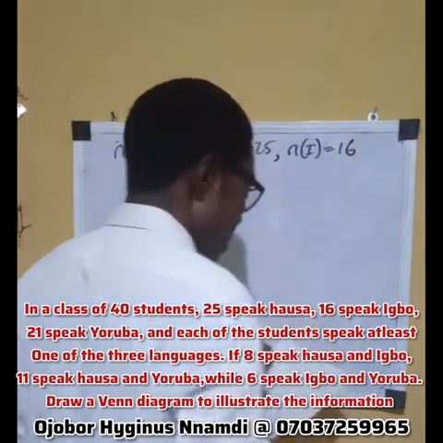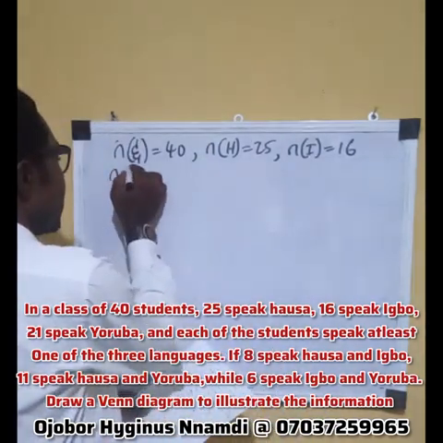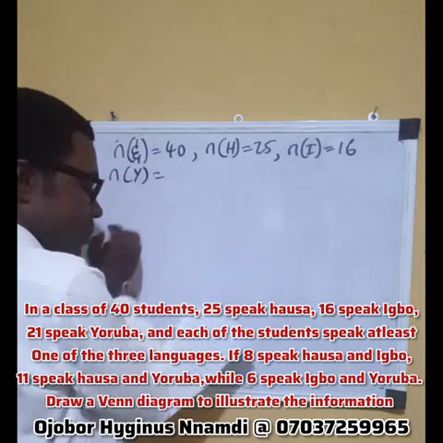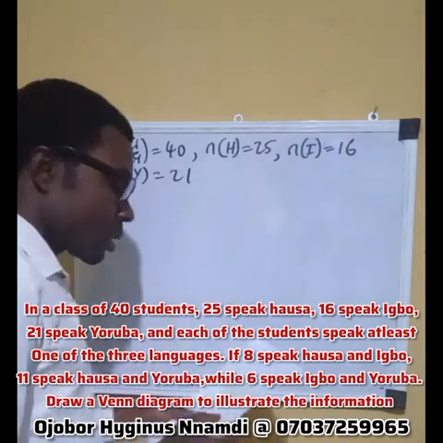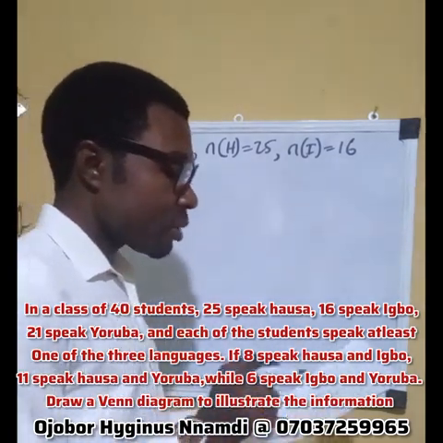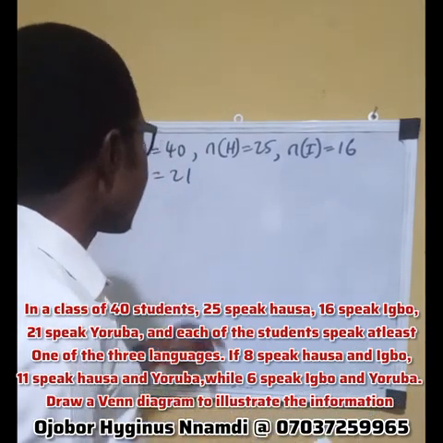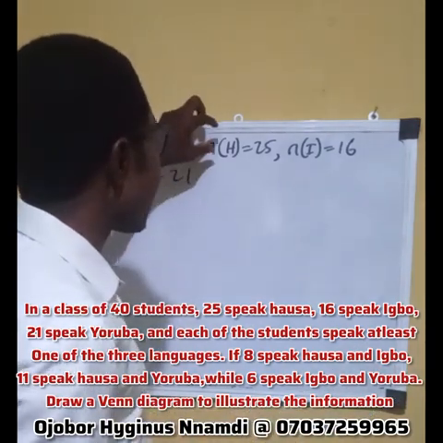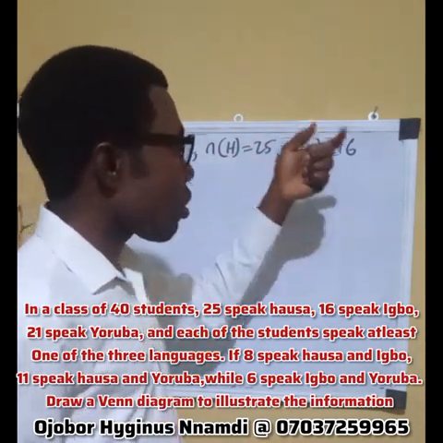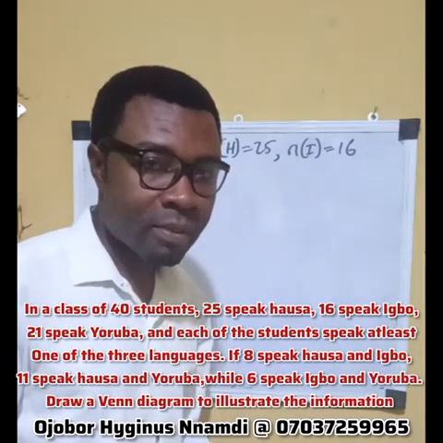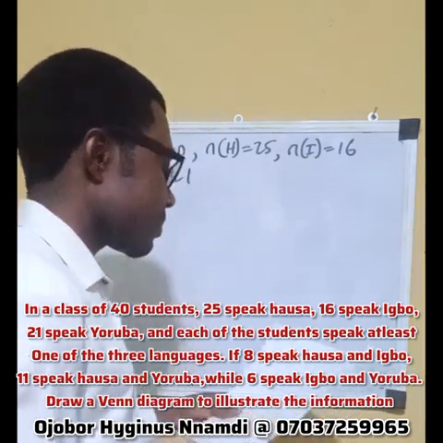And 21 speak Yoruba, which I am going to use Y to represent. And each of the students speak at least one of these three languages. It means that the 40 students either speak Hausa, Yoruba, Igbo, or two or more of the three languages. None of them is outside the three languages.